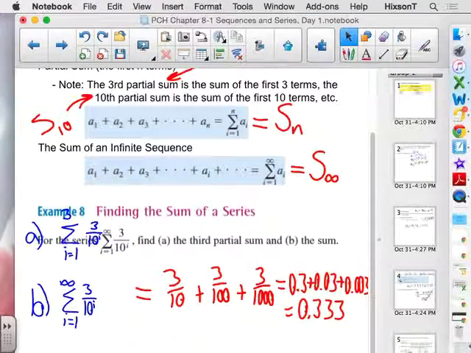If we kept going and found the sum of the infinite sequence, what would we end up with? Each term, that's 3. That's 0.333. Every time we go up another power, it's going to give us another decimal place. So we could say that the sum here equals 0.3 repeating, which is 1/3.